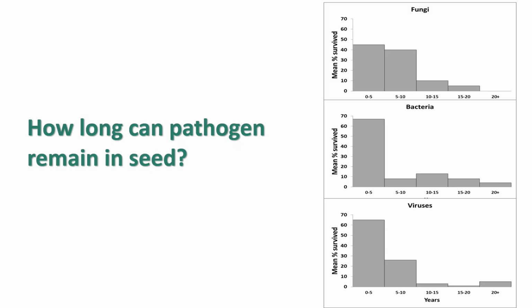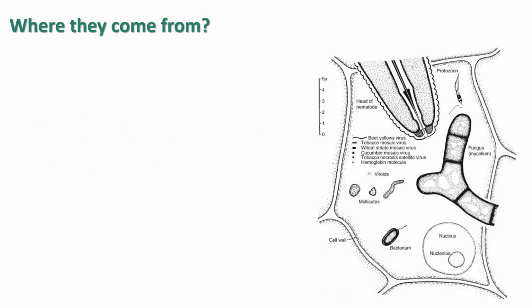In summary, the survival capacity of pathogens differs greatly between fungi, bacteria, and viruses. But all of them demonstrate that seeds can carry viable pathogens for extended periods, and this emphasizes the importance of careful seed health testing.